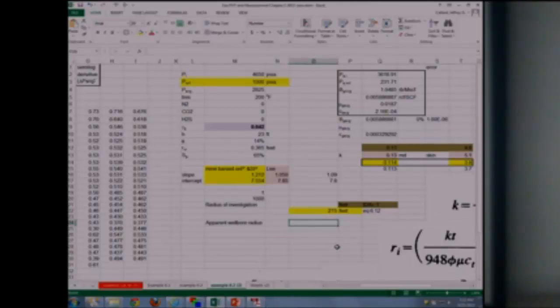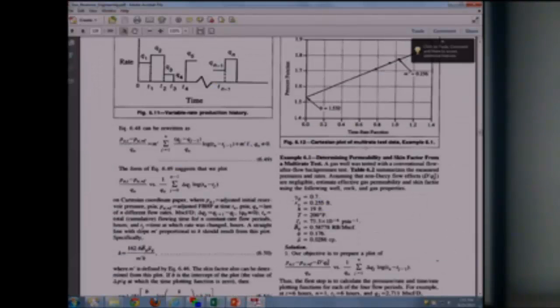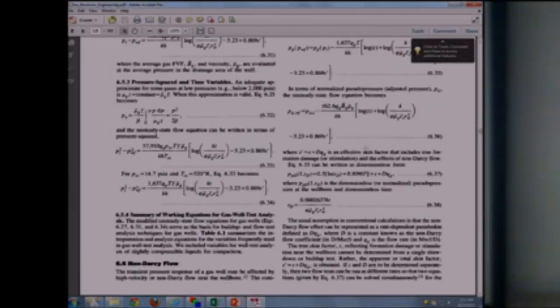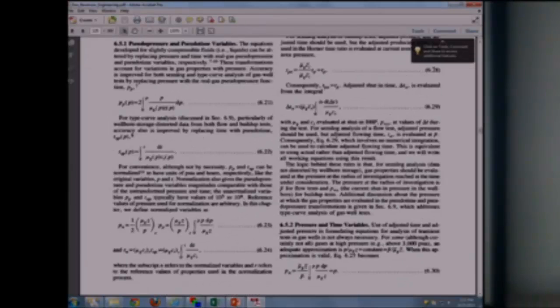Another thing we're going to frequently calculate is apparent wellbore radius. If we have damage, is our apparent wellbore radius going to be smaller or larger? Smaller. If we had a negative skin, would it be smaller or larger? Larger. So we have an equation for that. It's really easy.